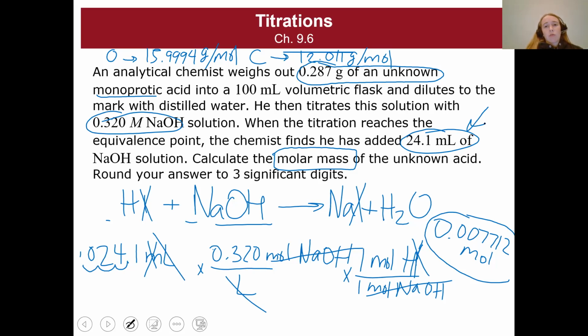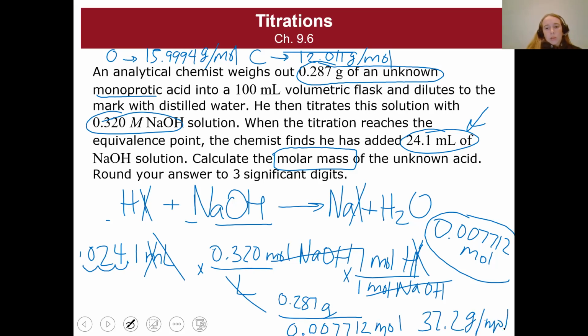We want units of grams per mole, so all I'm going to do is put 0.287 grams over the number of moles I just calculated, 0.007712 moles. And when I calculate that, I get 37.2 grams per mole. So that is the molar mass of our unknown acid.